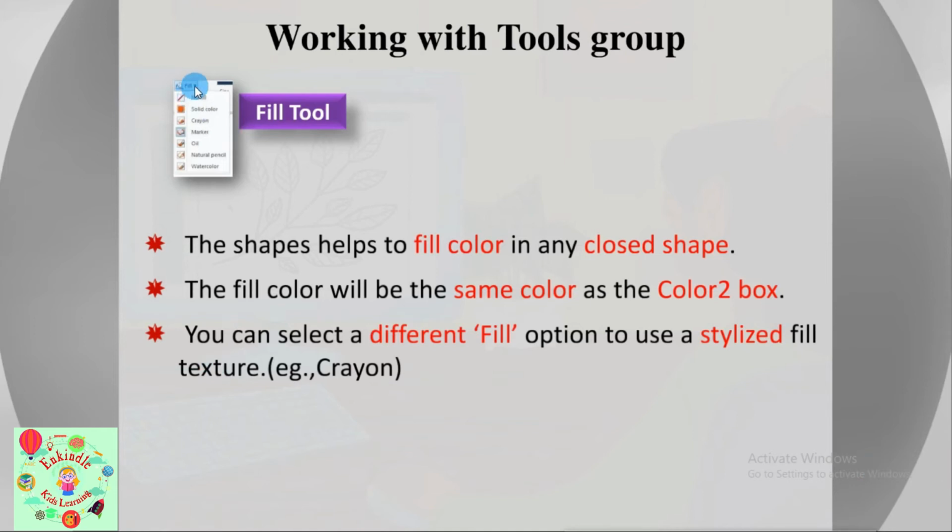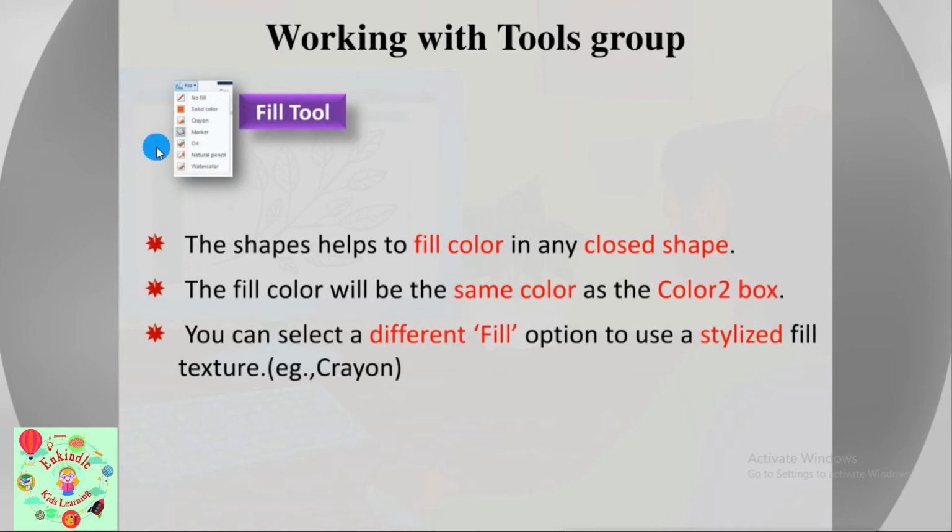When you click on the drop-down arrow next to the fill tool, you will find some more options. Under this, you have solid color, crayon, marker, oil, natural pencil and watercolor. If you want to fill the color with a different style, you can click on these options. If you click on crayon, the filled color will be in the style of crayon.